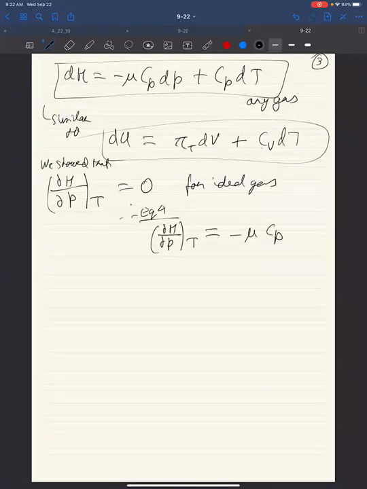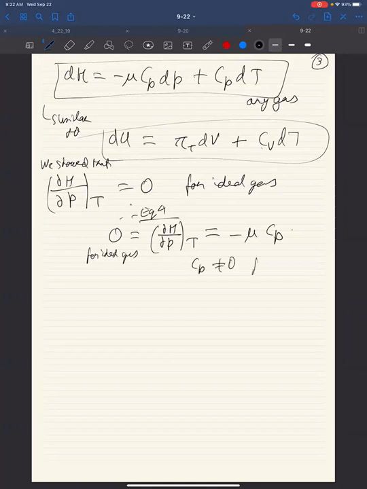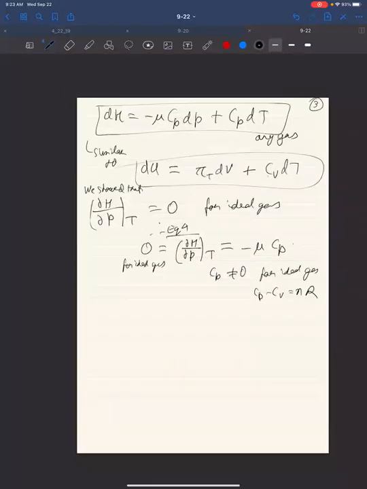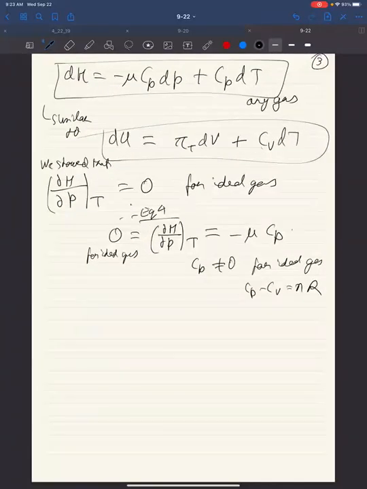And we know this is 0 for an ideal gas, right? We just showed it earlier. And Cp is not equal to 0 for an ideal gas. In fact, how do we know that? Because we know that Cp minus Cv is equal to nR, and we have calculated Cv from the number of degrees of freedom. It's a constant, it is 3nR/2. So we know Cp is definitely positive, it is never 0. Therefore, mu is equal to 0 for an ideal gas.